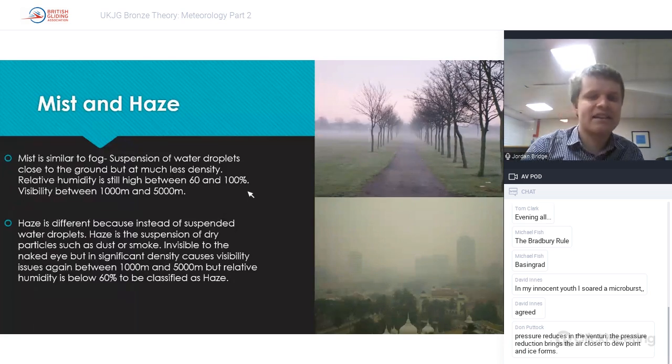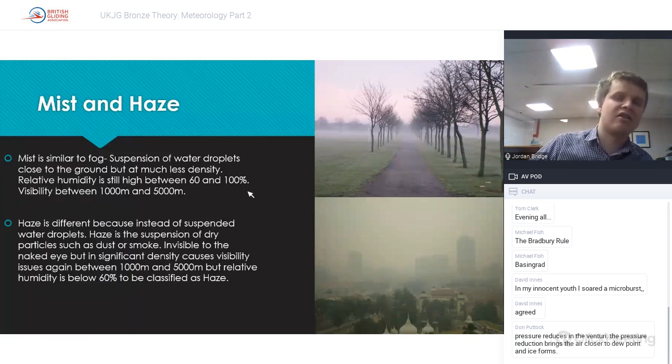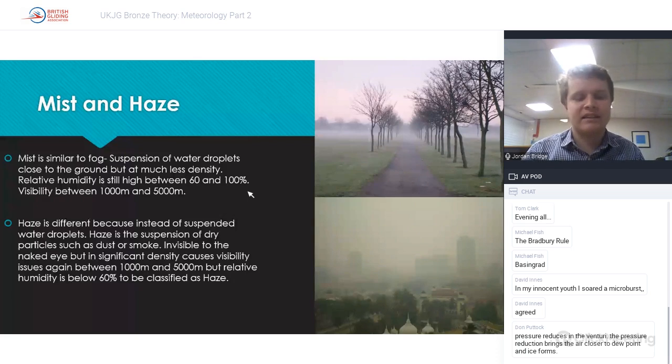Compare that to haze, where actually we've not got water droplets. Instead, we've got fine particles of dust. Maybe we've got a tropical continental air mass coming up from the south. We get these Saharan plumes, where bits of Saharan dust get carried all the way up here, and eventually it gets to the UK and lands on cars and stuff like that, and it becomes really, really hazy.